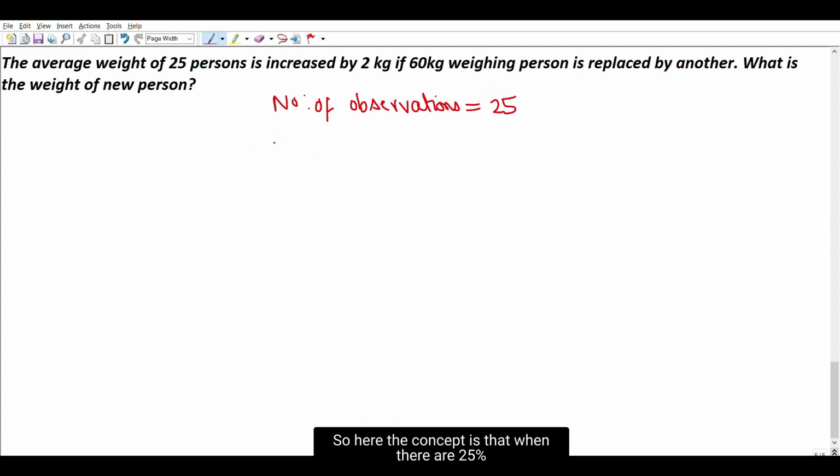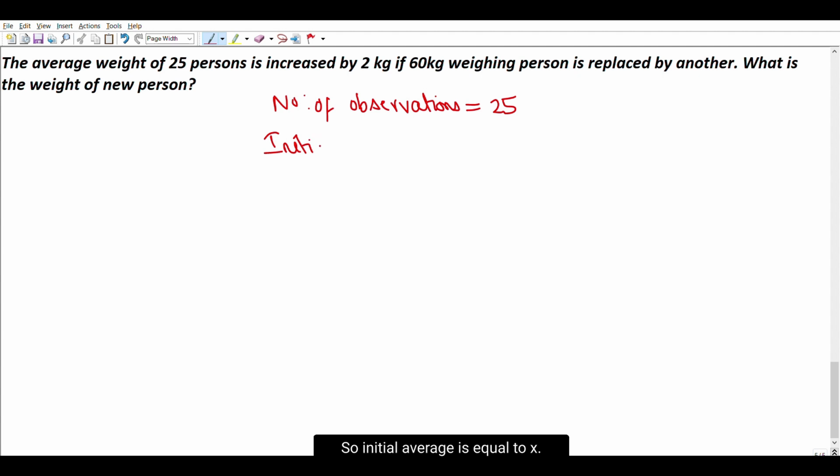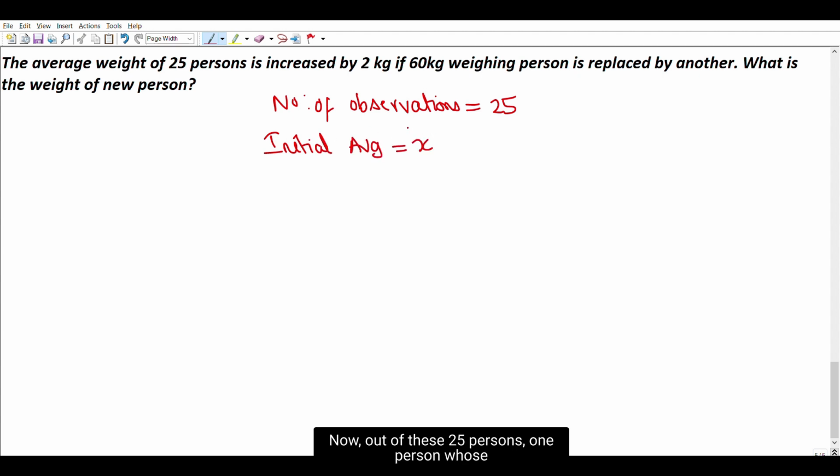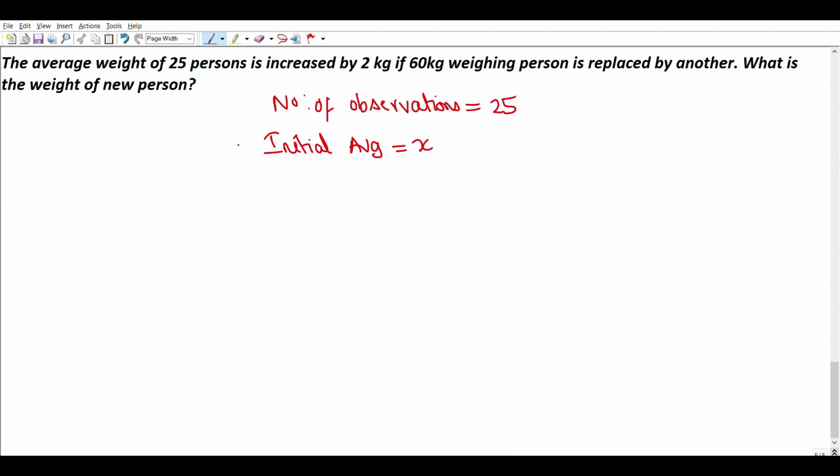So here the concept is that when there are 25 persons initially, let us assume that the average was x. So the initial average is equal to x. Now out of these 25 persons, one person whose weight is 60 kg is replaced by another.